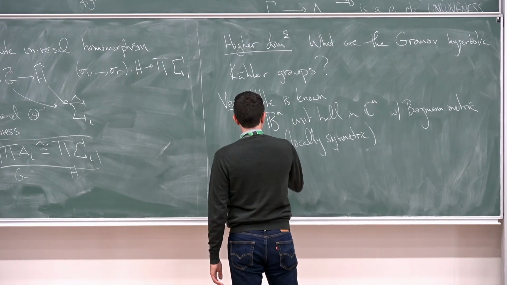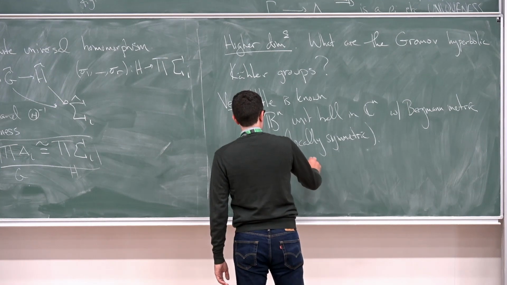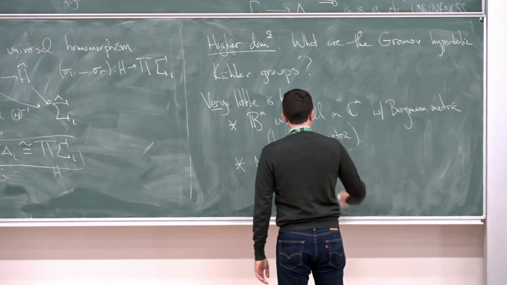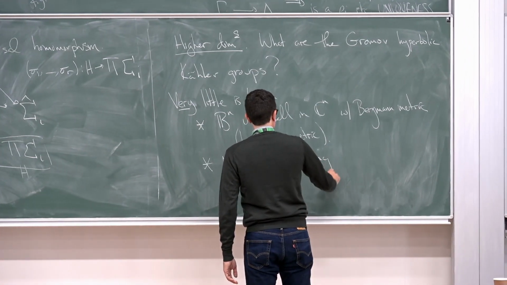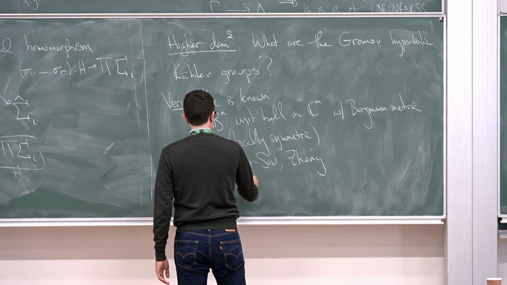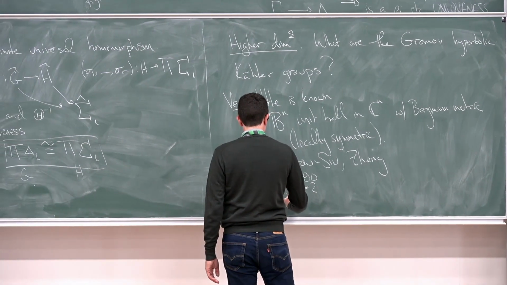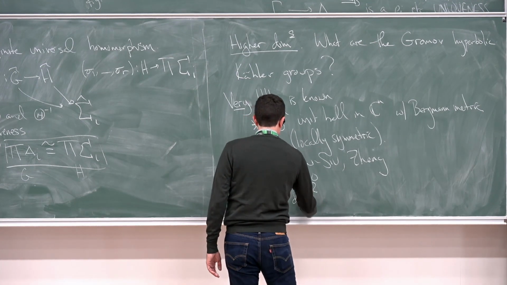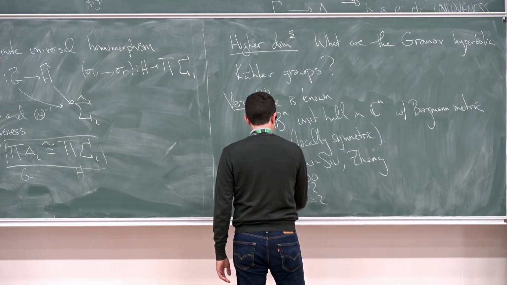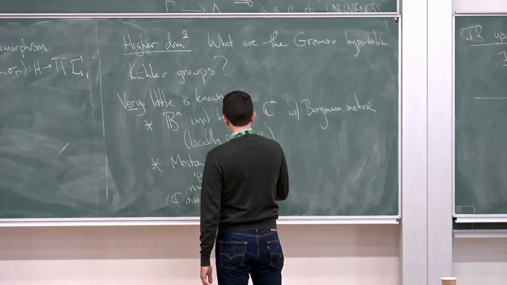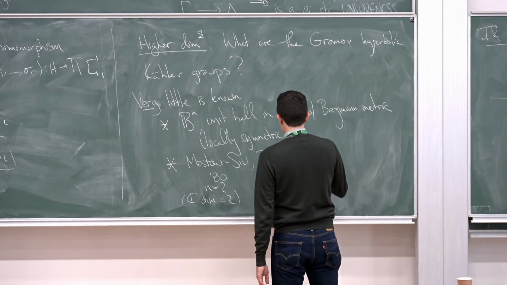So there's work of Mostow and Siu and Zhang, around 1980, for complex dimension 2. This was n equals 2.